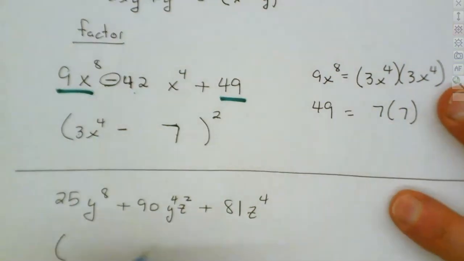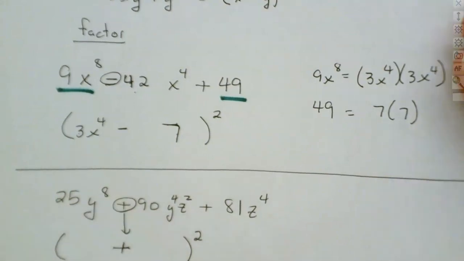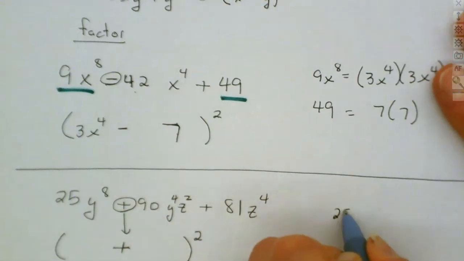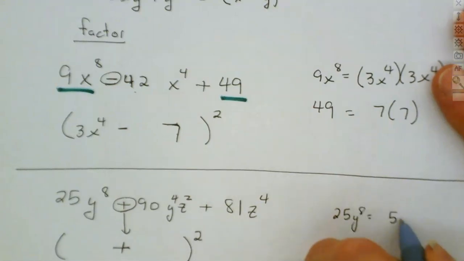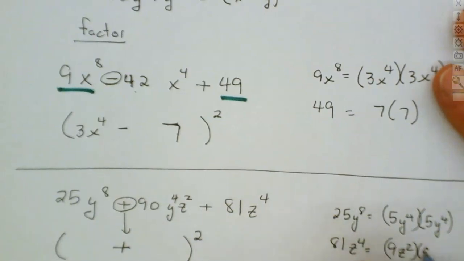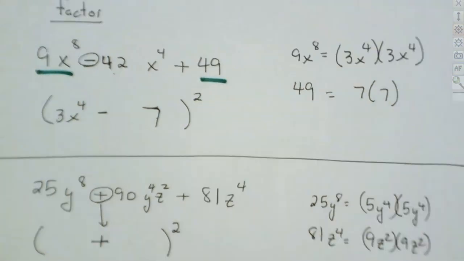So how would this one factor? Well, what's the sign? Plus. So it comes down as a plus. And what do we know about 25y to the 8th? It's 5y to the 4th and 5y to the 4th, and 81z to the 4th, well, that's 9z squared and 9z squared, right?